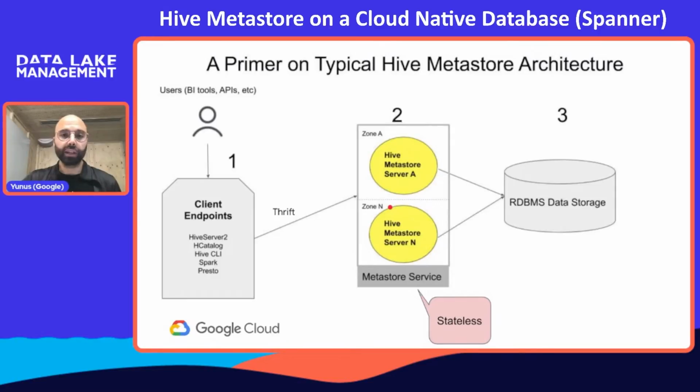You can put it in a container and run it in parallel, scale out easily. But the bottleneck here is the relational database storage. If your relational database cannot handle this load, then basically your Metastore queries fail, etc. So the biggest challenge here is the relational database store.